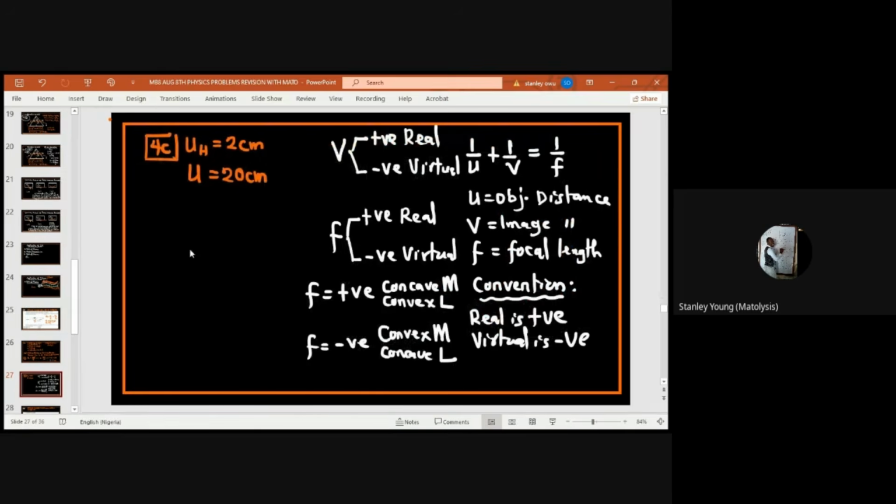So we write that down. R equals 30 centimeter. And don't forget what R means to F. So this means that your F is equal to 15 centimeter. So let's be specific now. It is plus 15 centimeter. Why? Because it is real. It's a real focus.